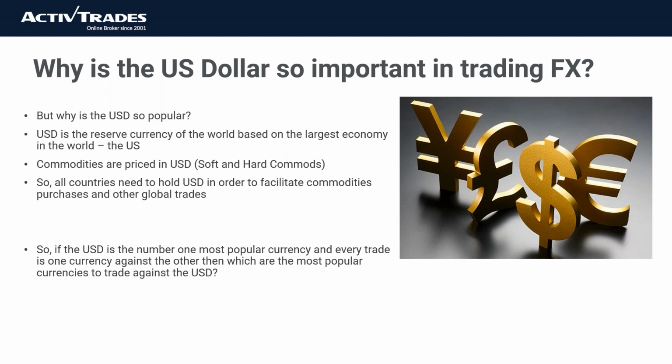But what we also see is, as I said earlier, commodities are priced in US dollar. Those of you who joined me last week, we talked about trading commodities, and how they are broken down into either soft commodities like agricultural or hard commodities like energy, oil, etc. And commodities are, for the most part, still priced in US dollar.